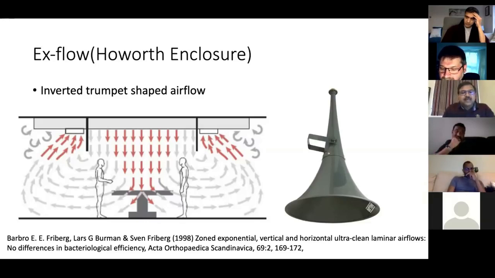And all the air which comes, hits the patient and then flows out, that is the idea of Howorth flow. Now, these are ideal situations. These pictorial diagrams show how exactly the flow must behave.